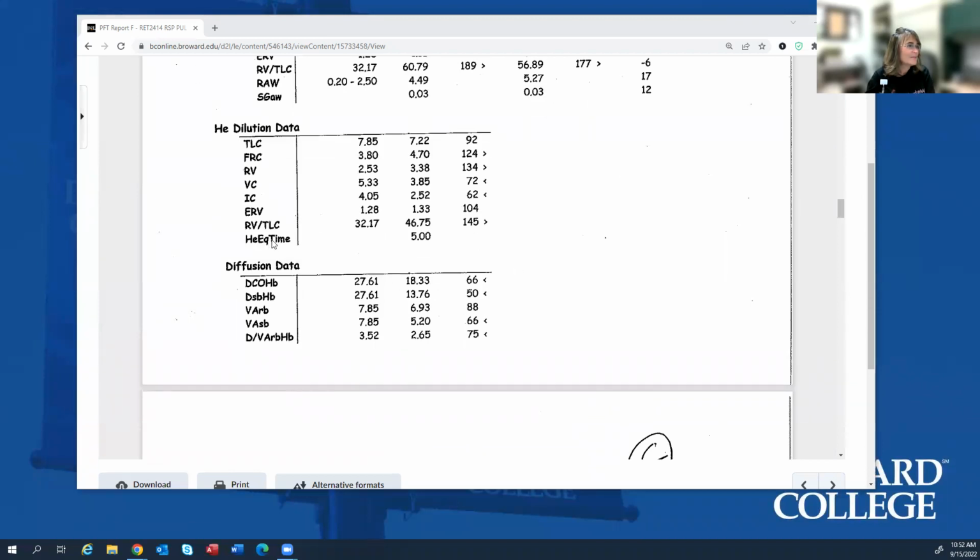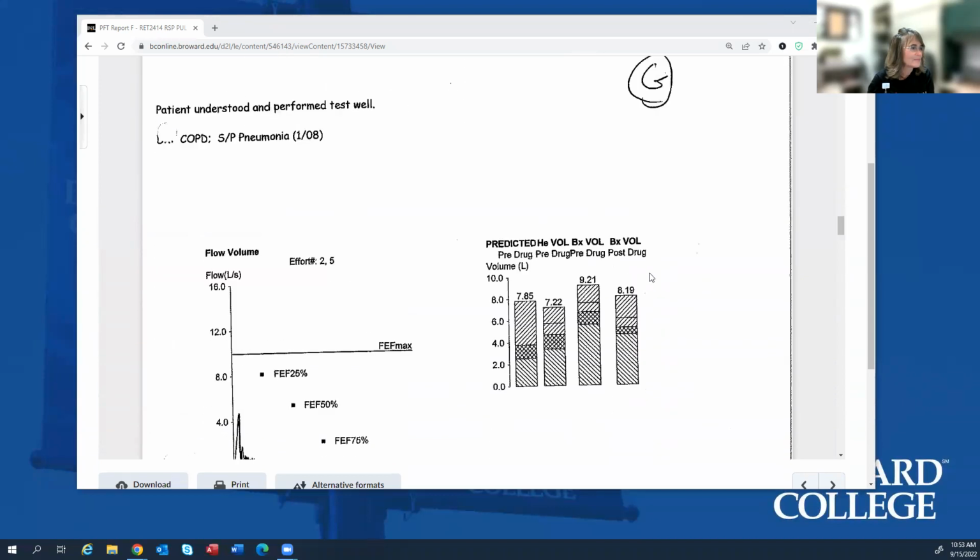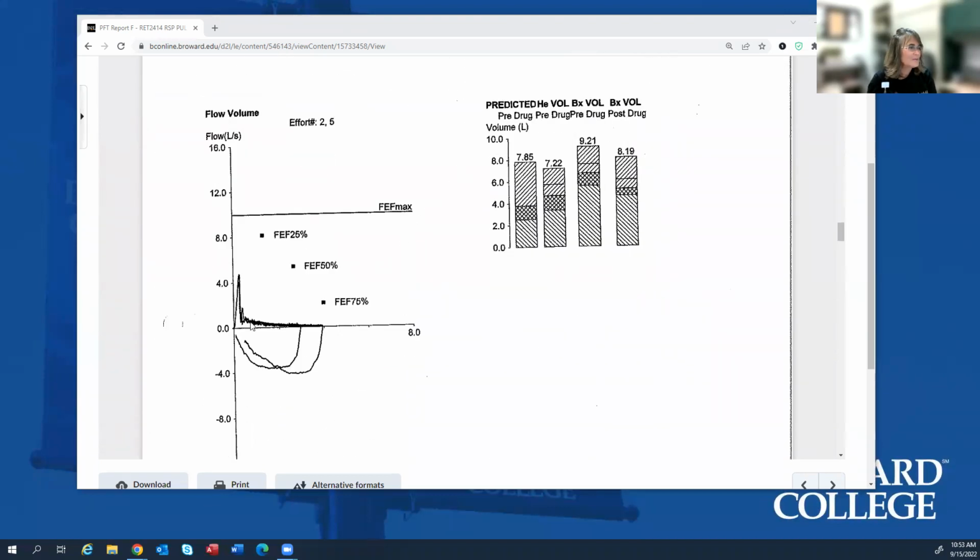And their helium equilibration time, it took longer, again, because of obstructed airways. And when we look at the residual volume compared to total lung capacity, it's much higher than normal. So it all fits the picture of somebody who has COPD, obstructed airways, and air trapping. And check out the flow volume loop, how it's really concave. There's almost no air flowing out of those lungs.